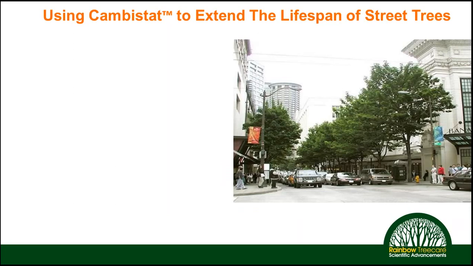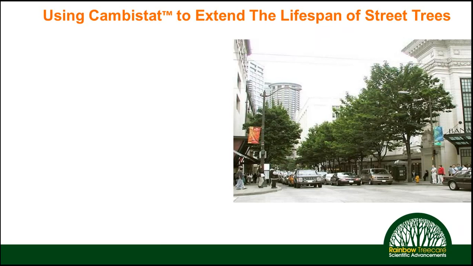What we're also trying to do is reduce the pruning on these trees. So not only are you benefiting the roots by developing a fibrous root system, you're actually reducing the pruning cycles. Oftentimes merchants, and I've been in many cities, say they like the trees, but they don't like them because people can't see their place of business or their signs.